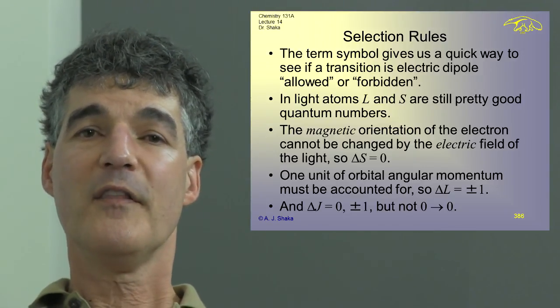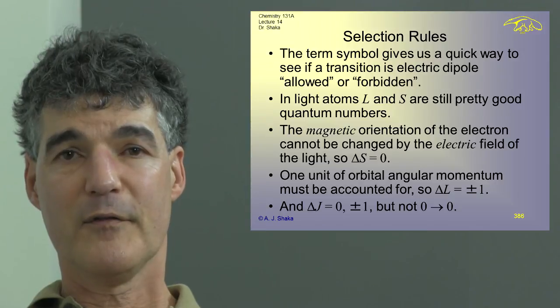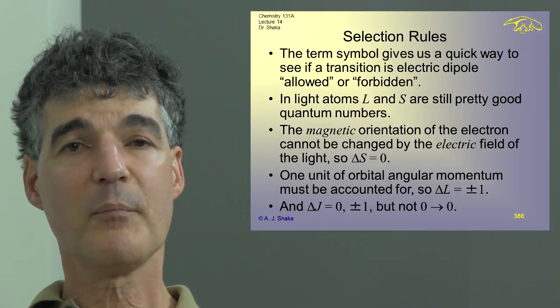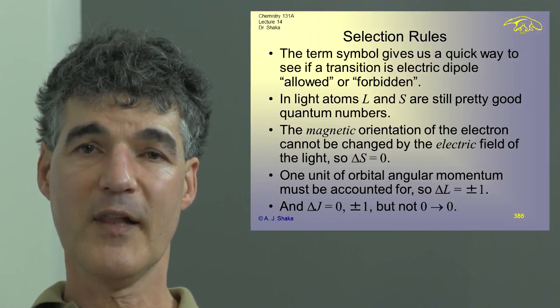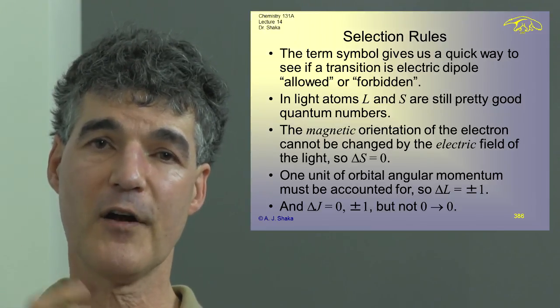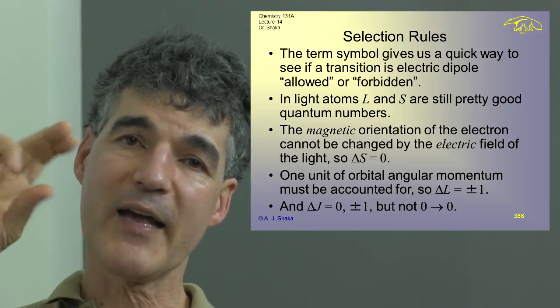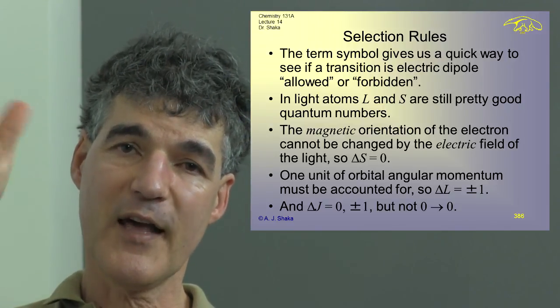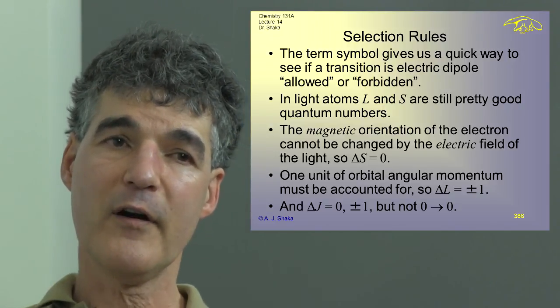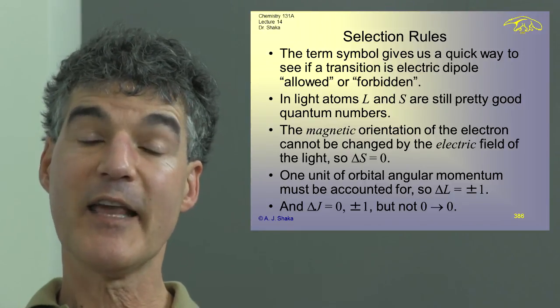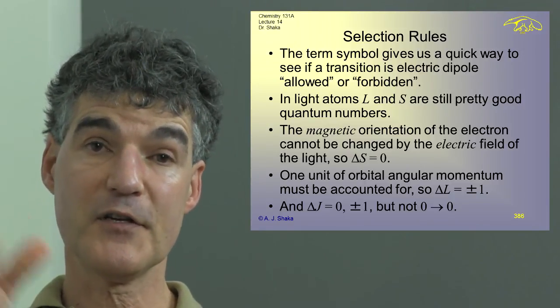But one thing we know for sure, if we're considering the electric part of the light wave that's moving the electron around, the electric part of the light wave can't change the magnetic bar magnet of the electron. And therefore, S, big S, can't change in the transition.